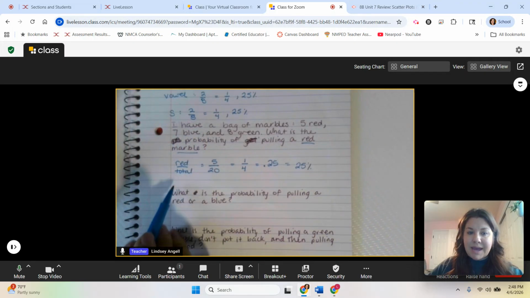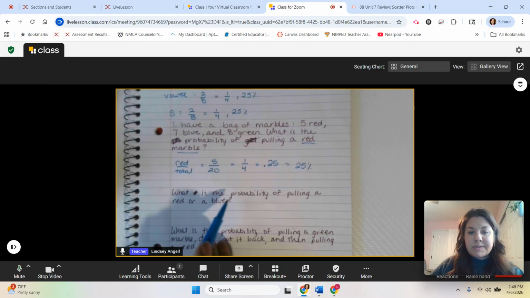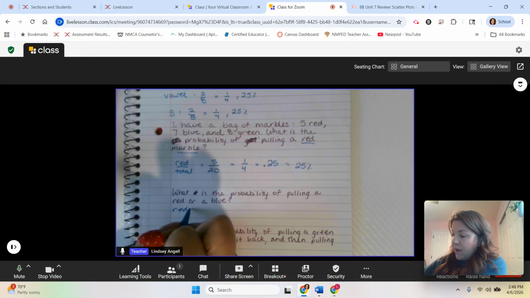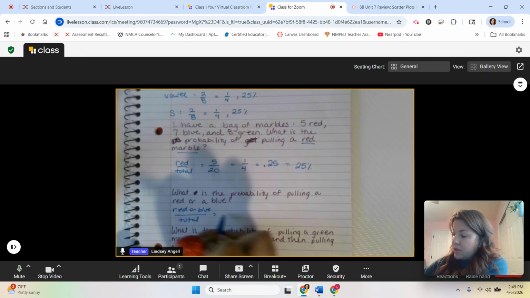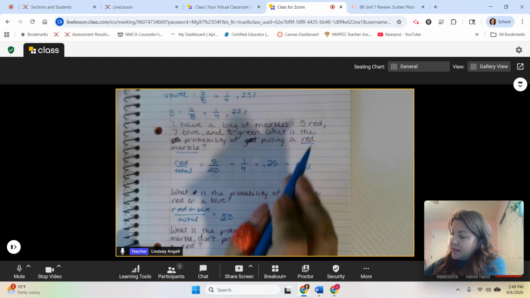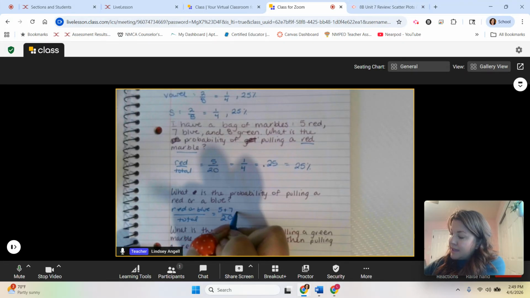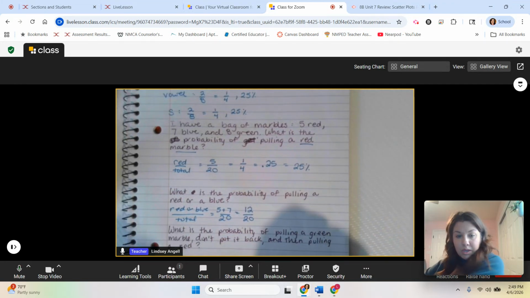Using this same data, 5 red, 7 blue, and 8 green, what is the probability of pulling a red or a blue? Red or blue out of the total. The total is still 20, but now we've got 5 red and 7 blue. So 5 plus 7 gives us 12 out of 20.